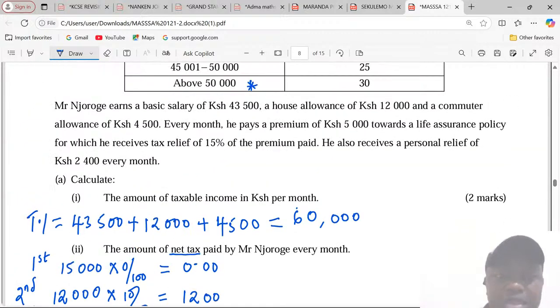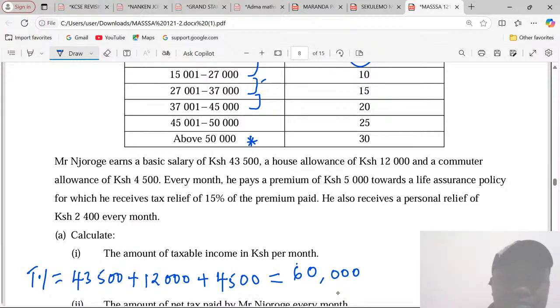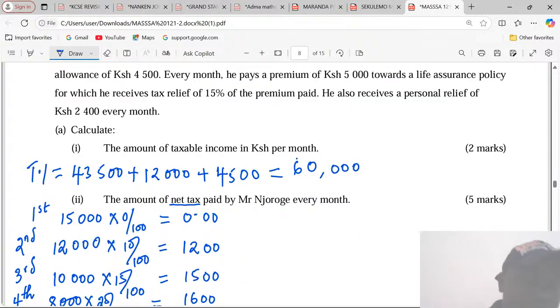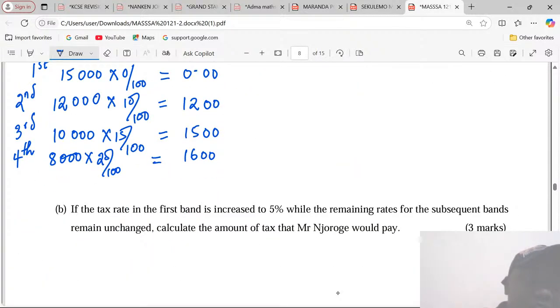What about in the fifth bracket? In the fifth bracket, we subtract 50,000 and 45,000. We'll get 5,000 at the rate of 25%. So 5,000 at the rate of 25%.